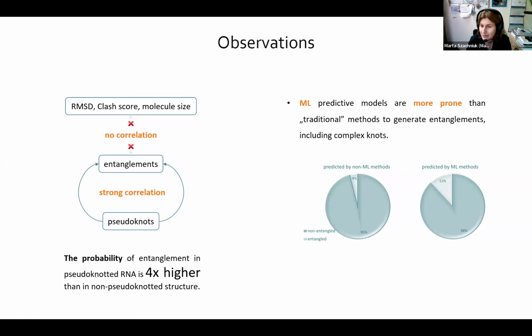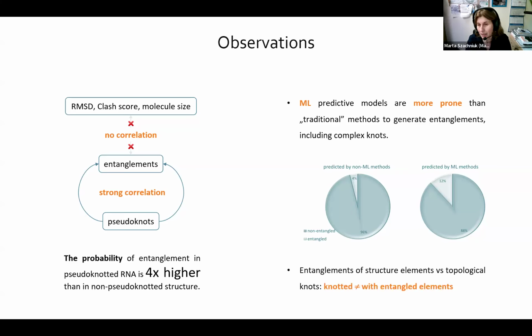So the difference is quite, well, maybe not high, but it's observable. We can see that over like 12% of the predictions produced by machine learning methods were entangled structures.